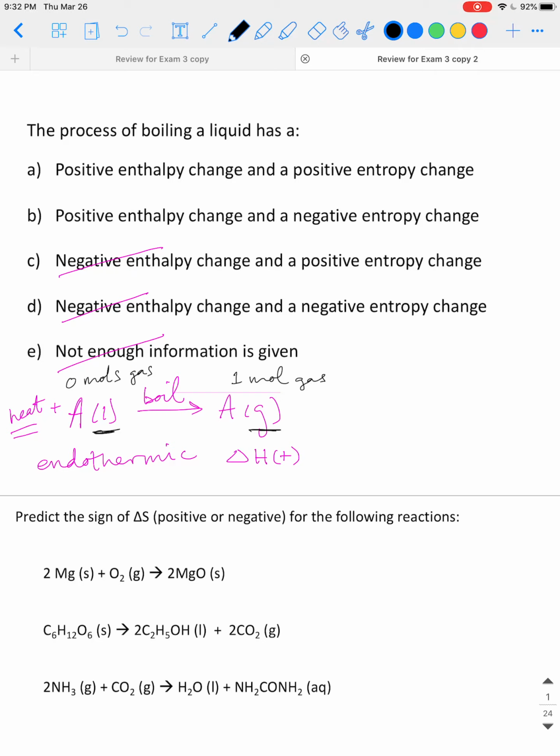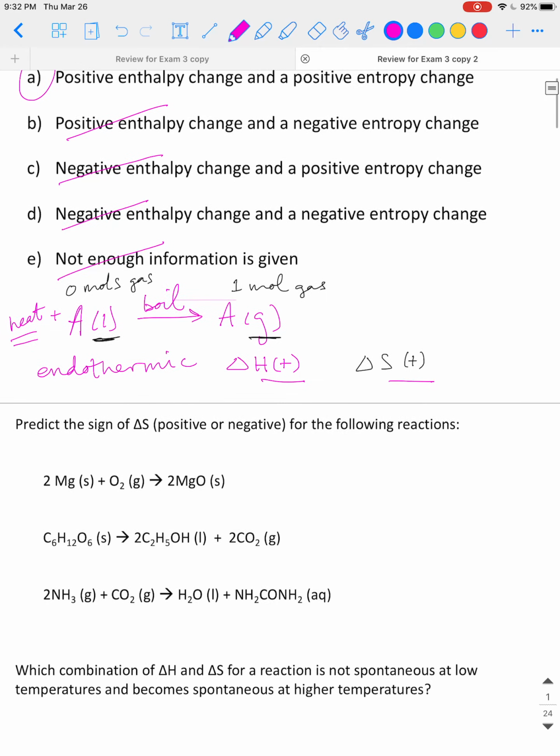So delta S here is also increasing. Disorder is increasing. As you go from a solid to a liquid to gas, disorder increases. So we need to select the answer that says positive enthalpy change and positive entropy change, which is A. Okay?